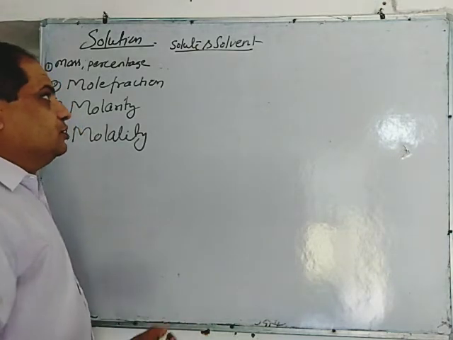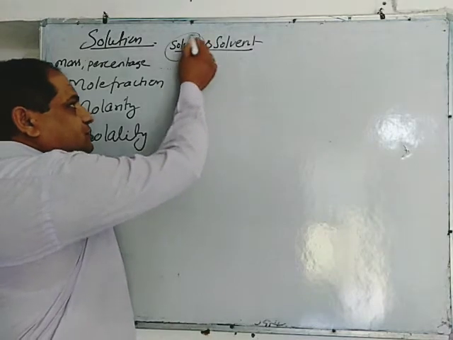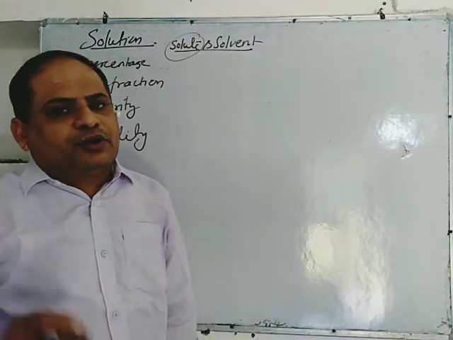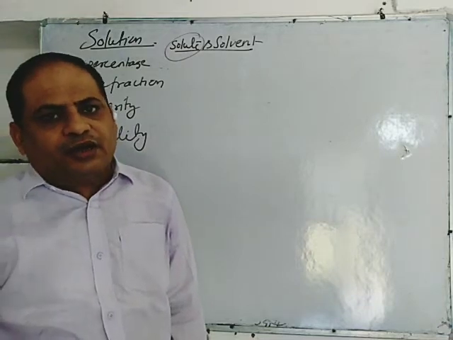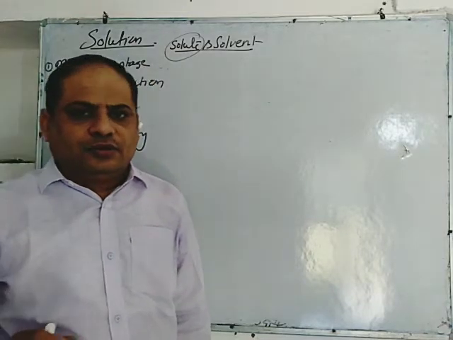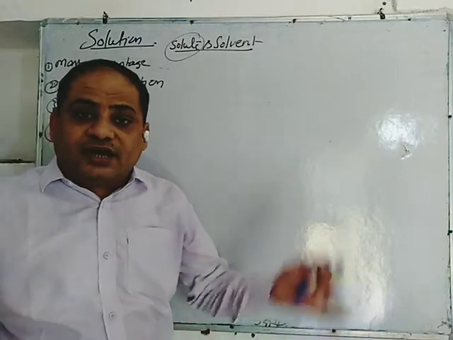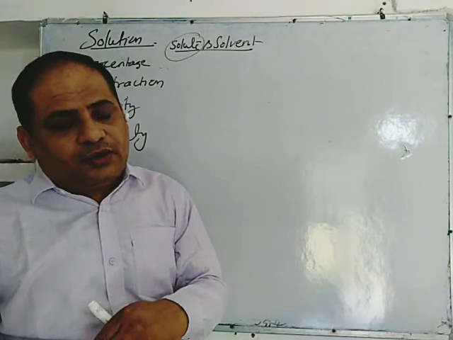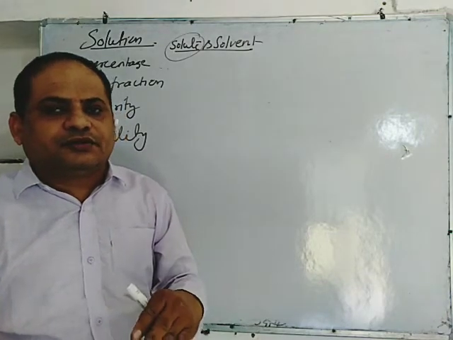In a solution, the component which is in smaller quantity, or the component which is dissolved in another component, is called the solute, and the component which is in larger quantity, or in which any other component is dissolved, is called the solvent.